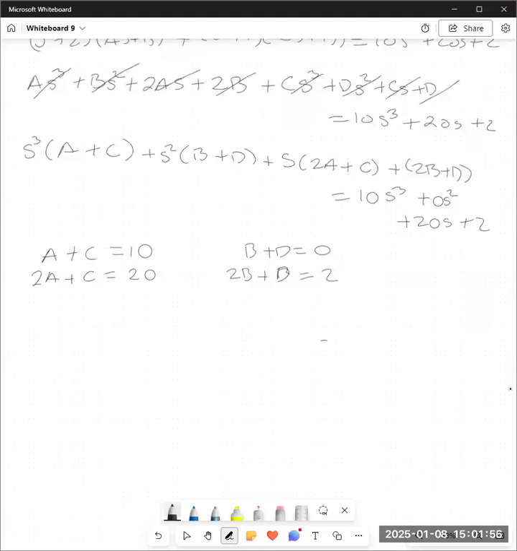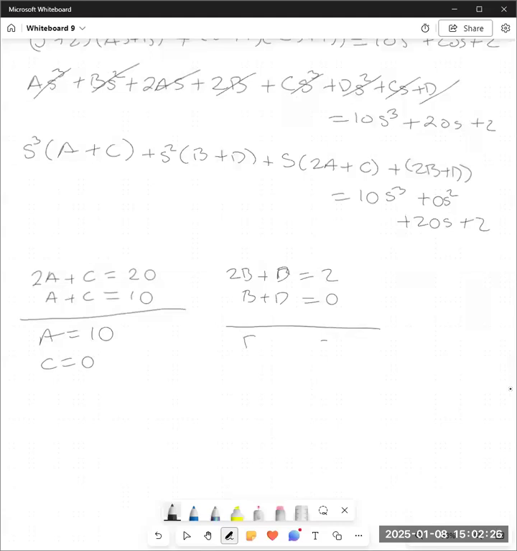So I'm going to subtract the first from the second. I'm going to just change the order here, and same thing here, just swap the order. There we go, so I can subtract more easily. So I have a equals 10, which makes c equal to 0. Here I have b equals 2, and that makes d equal to negative 2.